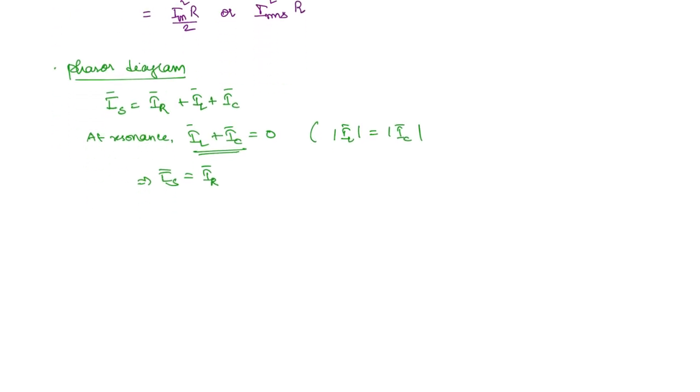So now if you draw the phasor diagram, what are you going to get? First, if you are drawing the current, here Is, this is also equal to the current through the resistor. And what about the voltage across the resistor? It will be in the same phase. So this is V bar. Then what about IL bar and IC bar? They will be like this.